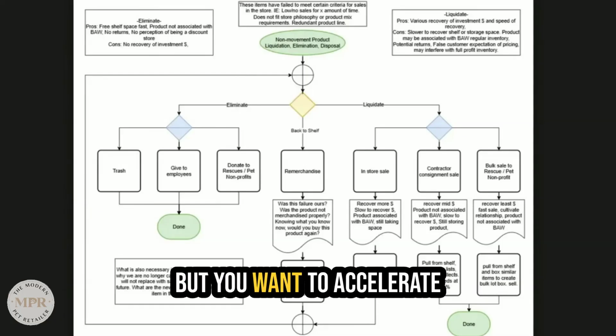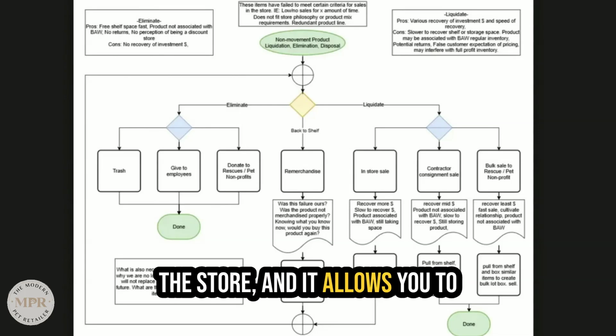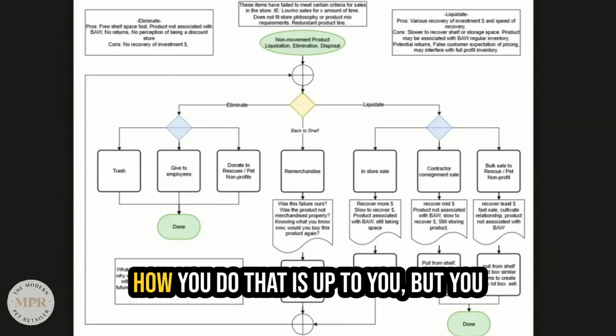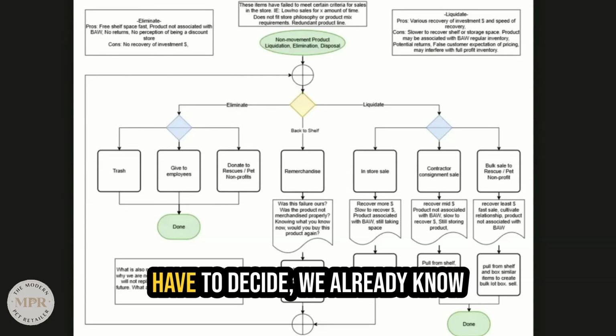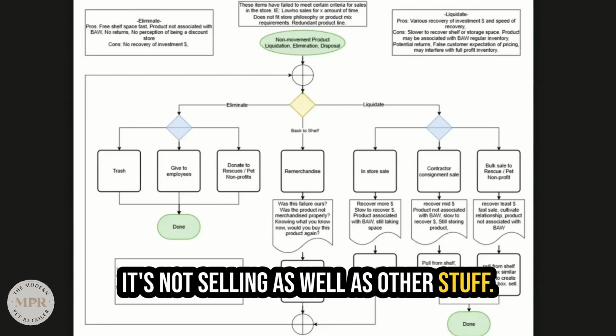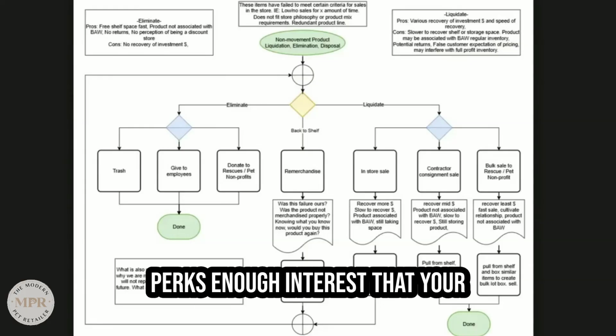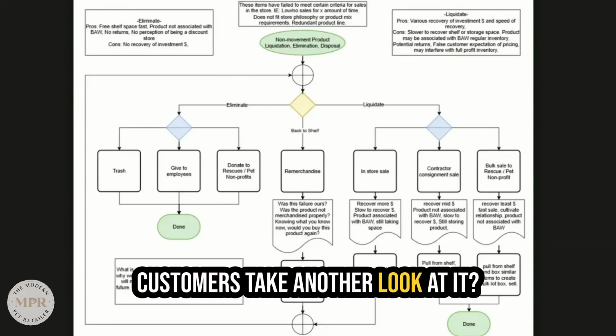But you want to accelerate them off the shelf and out of the store. And it allows you to recover a little bit of money. How you do that is up to you, but you have to decide. We already know it's not of our customers' interest. It's not selling as well as other stuff. What's the discount amount that perks enough interest that your customers take another look at it?